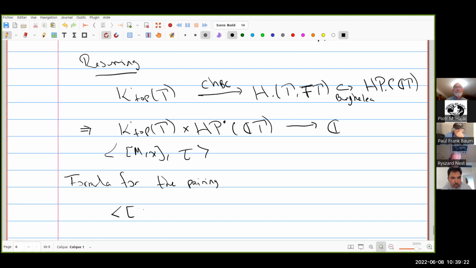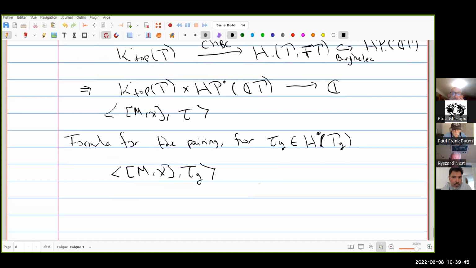So the formula for the pairing is the following: for a gamma G, which comes from one of these cohomologies. By Burghelea's computation, this is enough for G of finite order, right?